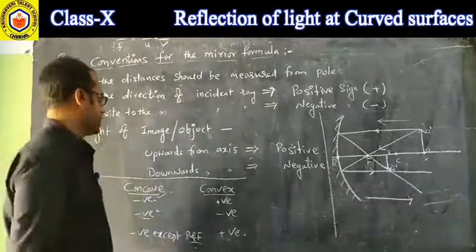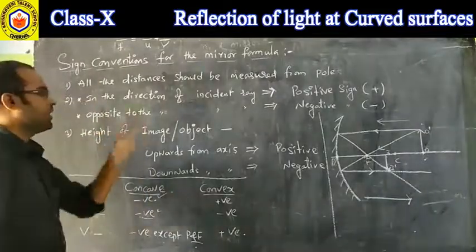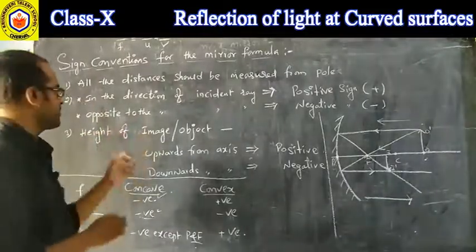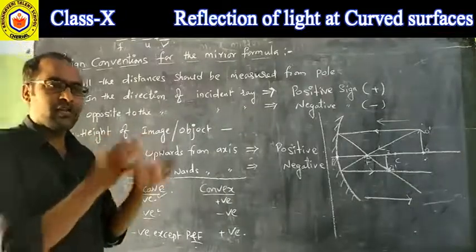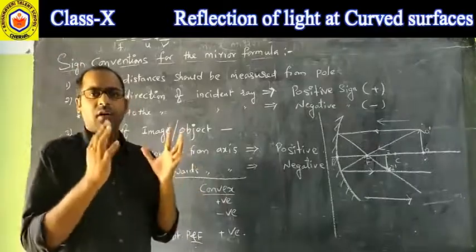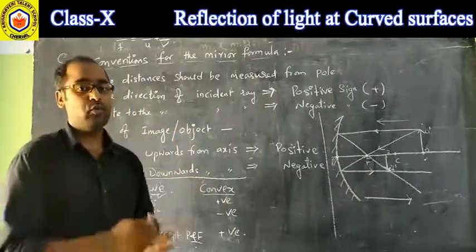Is it clear? And next, height of the image or object. Next sign convention: for height of the image and height of the object, which type of sign do we have to take?